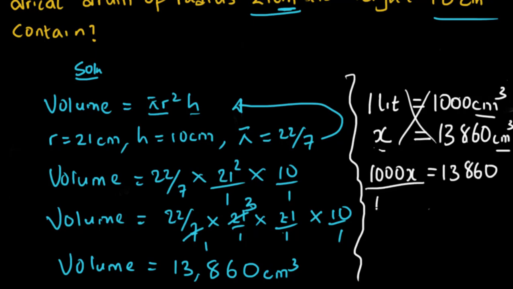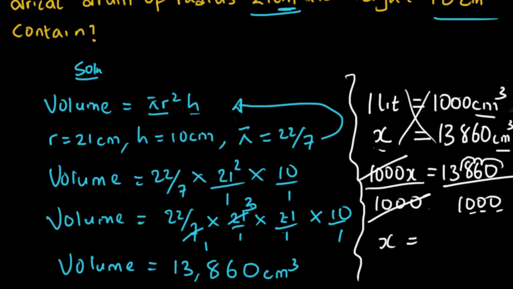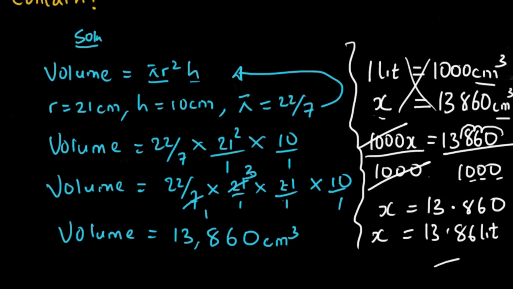To find x, we divide both sides by 1000. 1000 cancels 1000, and we are left with x. Now, 1000 has 3 zeros, so I can just move the decimal point backwards 3 places: 1, 2, 3. So our answer will be 13.860, which equals 13.86 liters. Does this make sense? So this is our answer. I hope you understand.